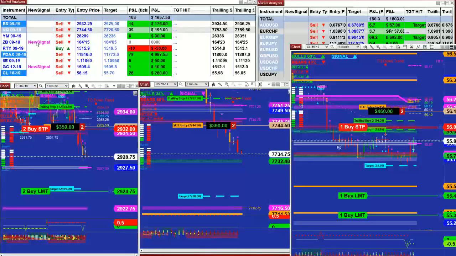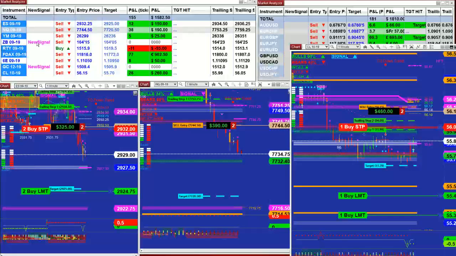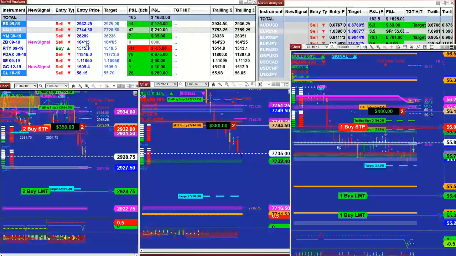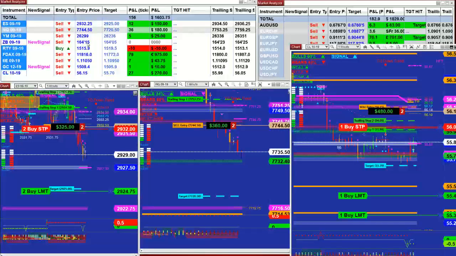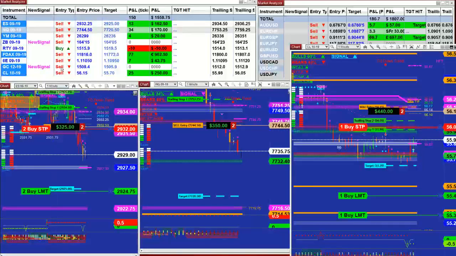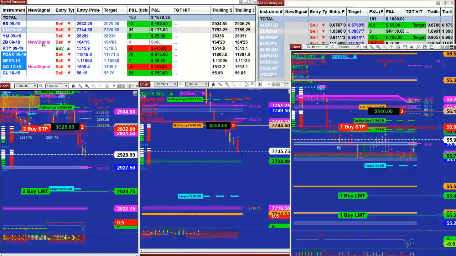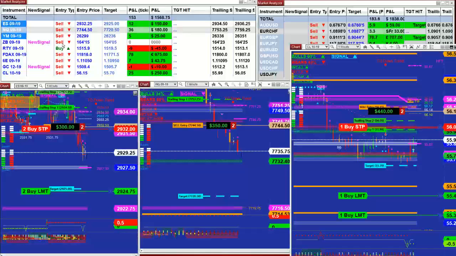A new signal, 30-year, Jesus Christ. Sell on 30-year Treasury bond 16415 is coming right with the ES. Gold sell. We are having a signal on the 30-year Treasury bond. That means the 30-year Treasury bond is going in the same direction as the ES.